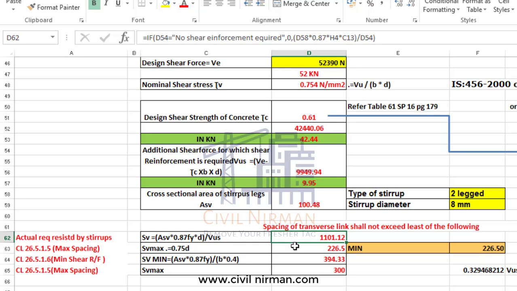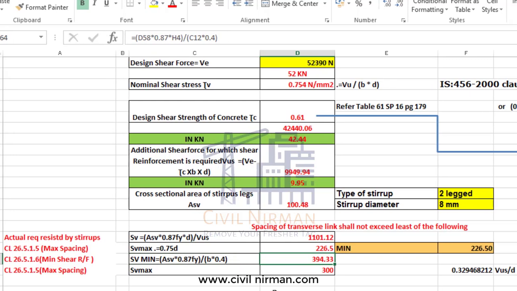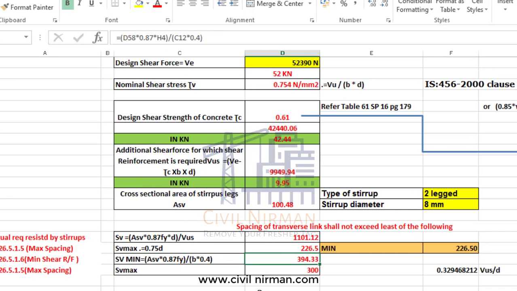Now see, again the code specifies the maximum and minimum spacing criteria as well. So based on these 4 criteria, 0.75d gives you 226.5, the minimum spacing criteria gives you a value of 394 mm, and the maximum spacing is 300 mm. Your maximum spacing shall not exceed 300. So out of these 4 values, you have to choose the minimum, that is 226.5.